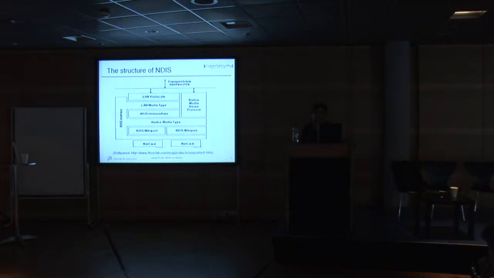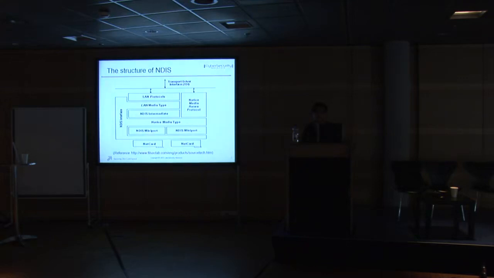This slide shows you more detail regarding the NDIS structure. Basically, NDIS is divided into 3 levels. The first level, on top, is the interface TDI. The second is NDIS intermediate, and the lowest is the layer miniport. The TDI level you can also call the protocol level.